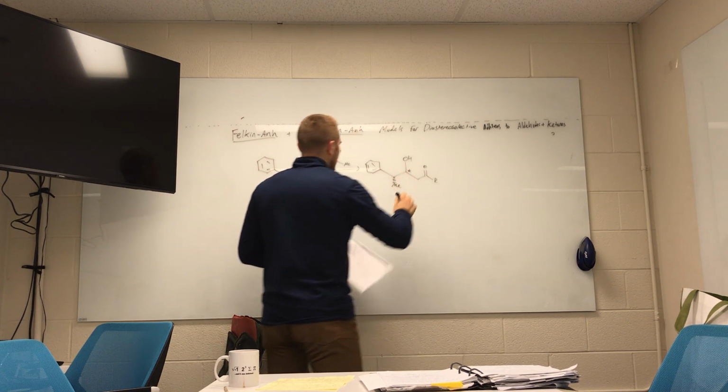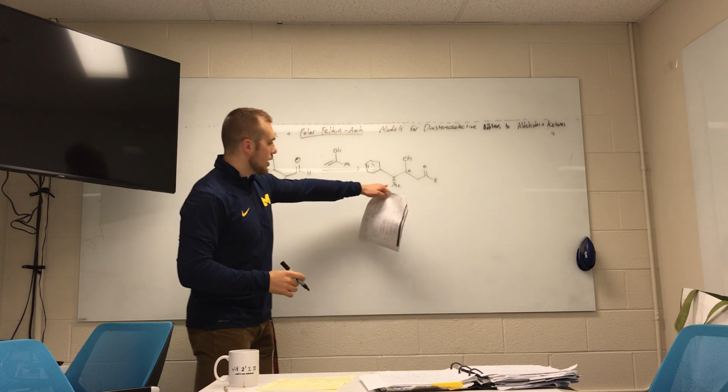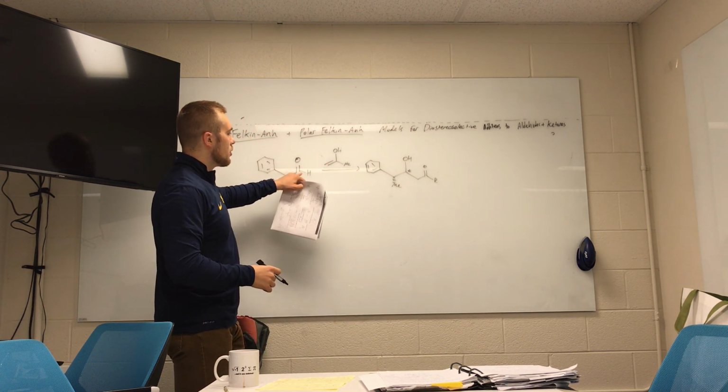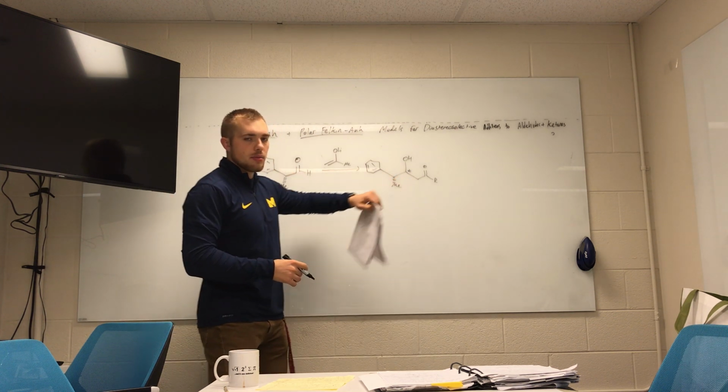So we're not doing any chemistry where this methyl group is. That configuration is not going to change. But when we add in this enolate, we are going to have a new stereocenter, and we want to determine its configuration.